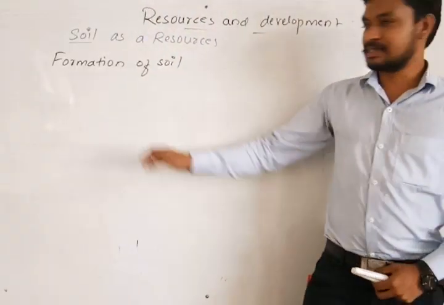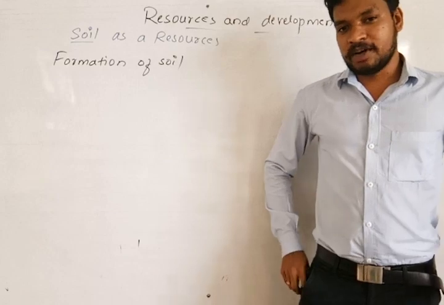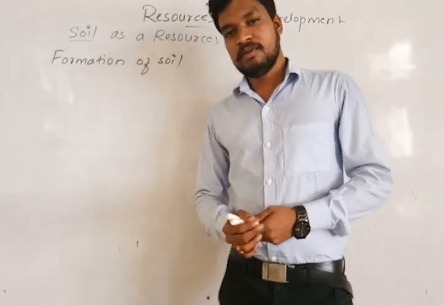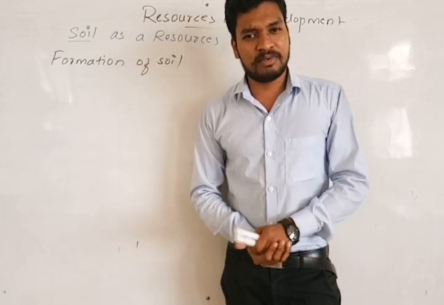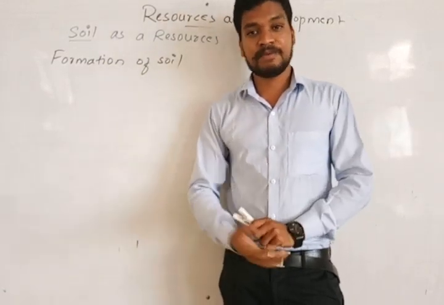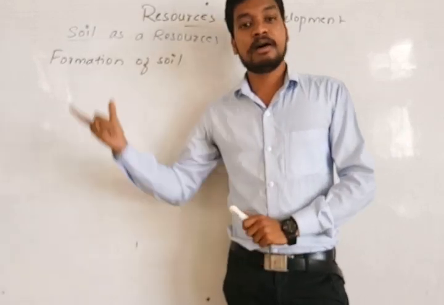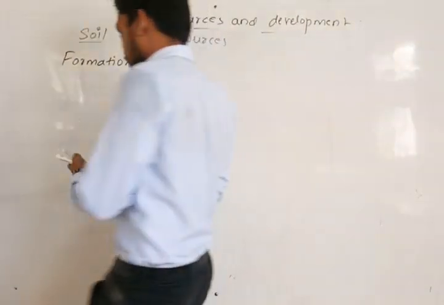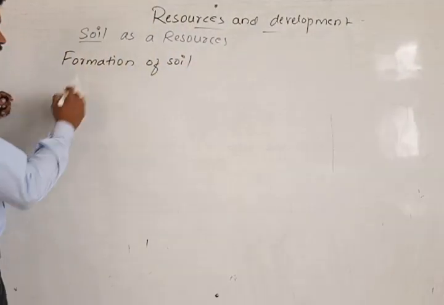The first one is the bedrock, parent rock. The soil we have, the top layer on the earth's surface, is formed from rock, the basic one. We got it from the rock, the parent rock.